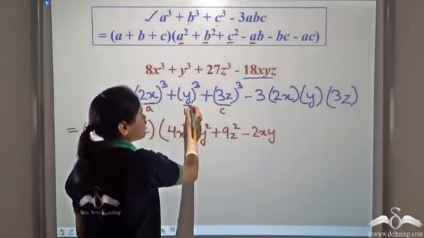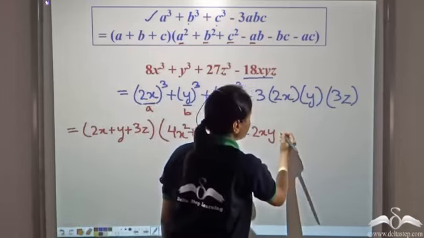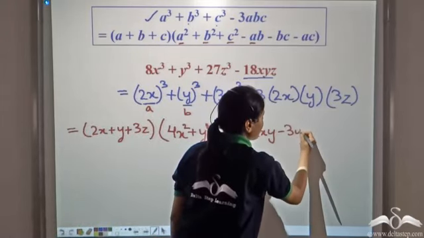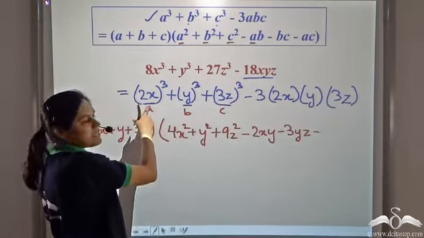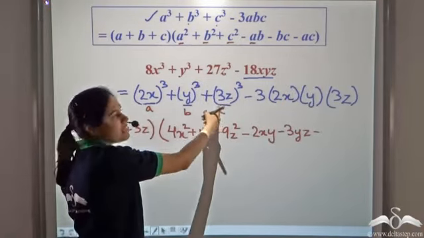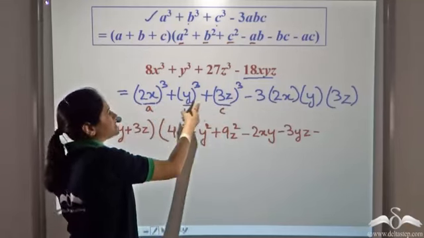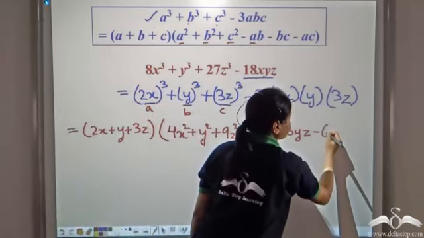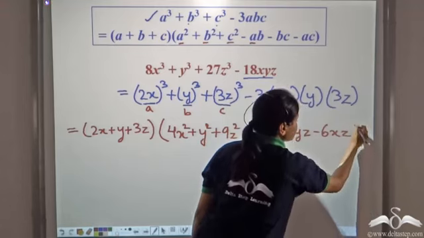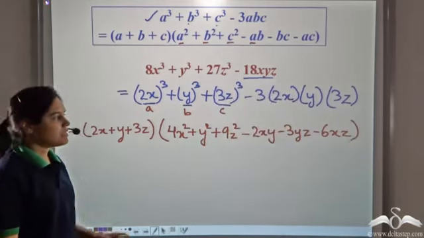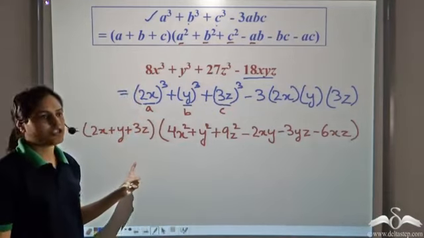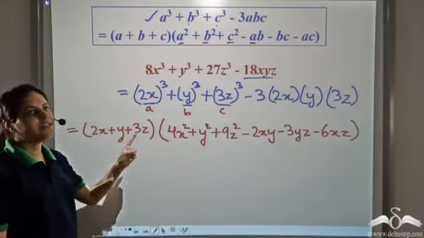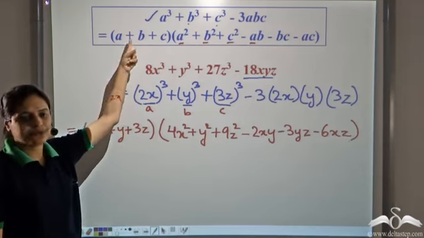So minus bc is minus y into 3z, minus 3yz, and minus ac. So minus 2x into 3z, which is minus 6xz. This is the factorized form of this expression. And we have factorized it using this identity.